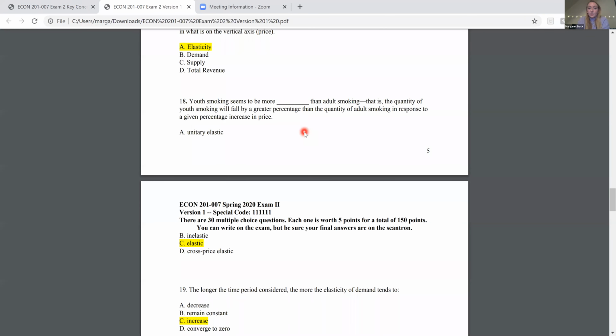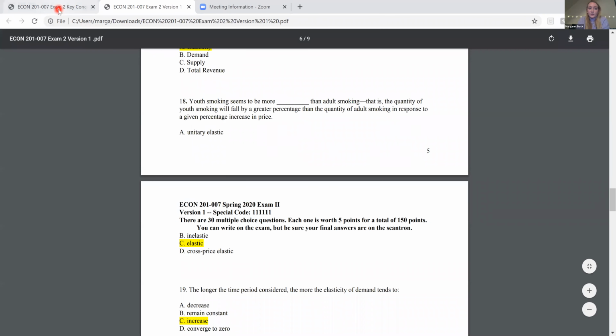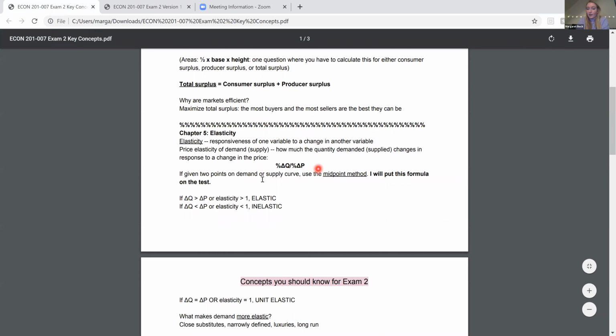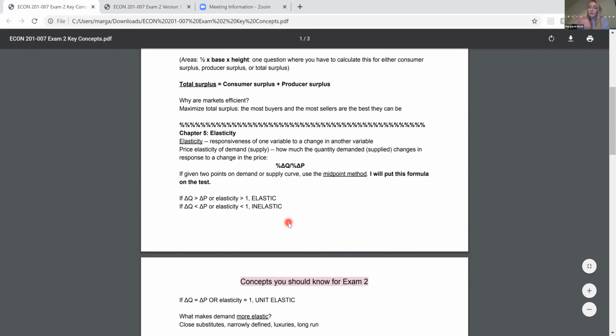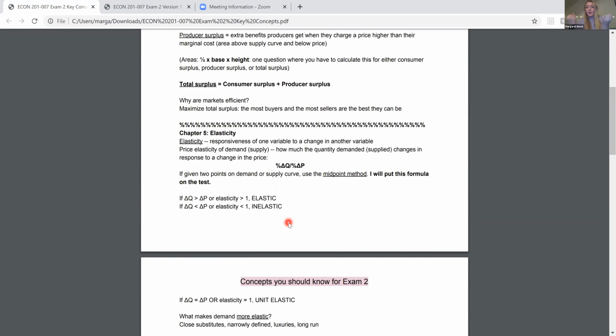But essentially what is happening here is we just kind of have to go back to this little formula. So if we have the demand for youth smoking and the demand for adult smoking, we can analyze these two different groups separately and then compare what their elasticities are.